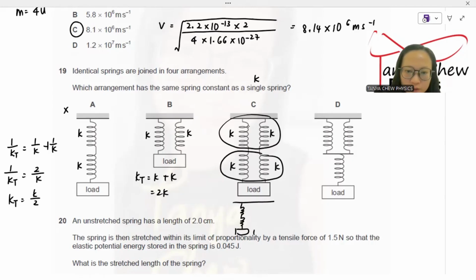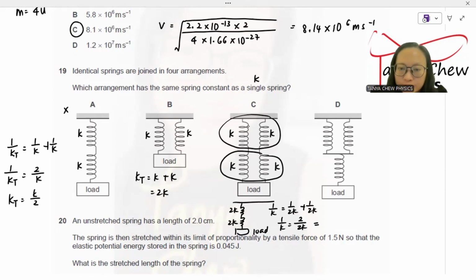So 2K and 2K. And then these two springs are in series. So 1 over K is equal to 1 over 2K plus 1 over 2K. So 1 over K is equal to 2 over 2K. So cancel the 2. K is equal to K.